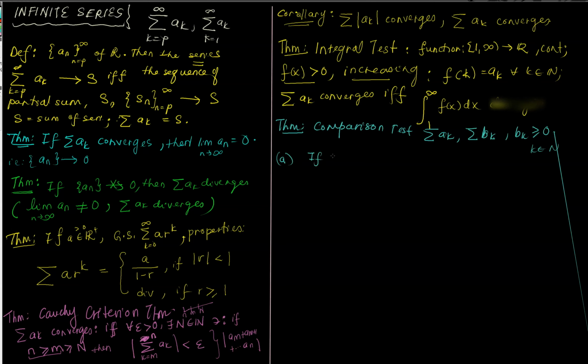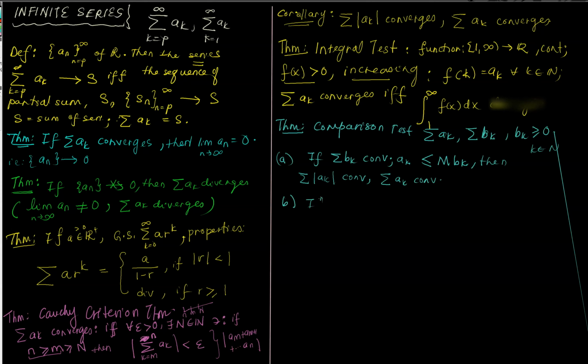If the series b_k converges, and a_k is less than or equal to some constant times b_k, then the series of absolute value a_k converges. In other words, by the corollary earlier, a_k converges as well.